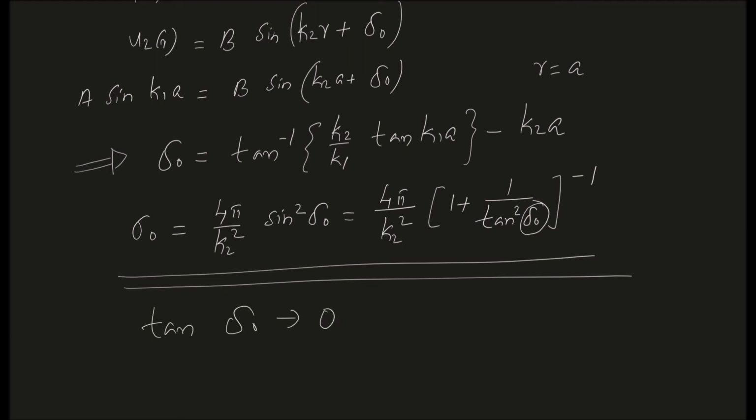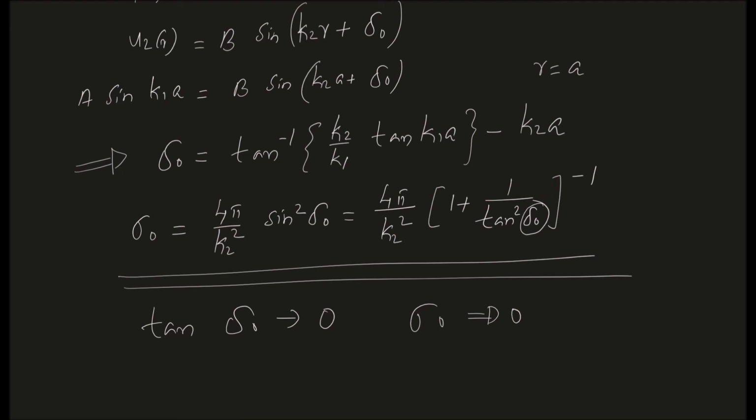If tan delta 0 goes to 0, then delta 0 goes to 0. That means there is no phase shift or phase change introduced by the scattering potential. That means the square well potential will not have any effect on a particle which is moving through that region.